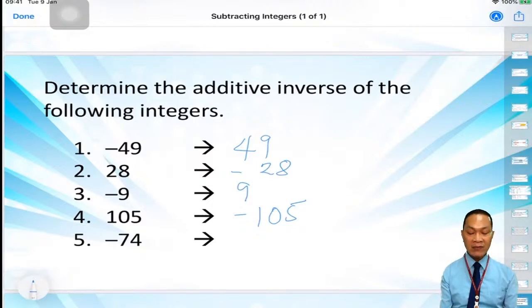What's the additive inverse of negative 74? Okay, correct. 74. Alright, so it's not difficult to find the additive inverse of any integer. We will use this as we subtract integers using the rule.